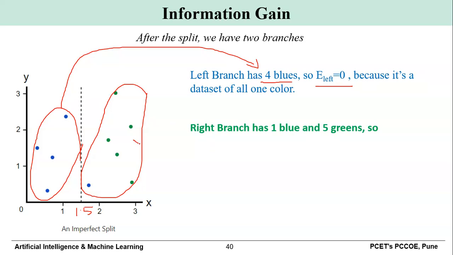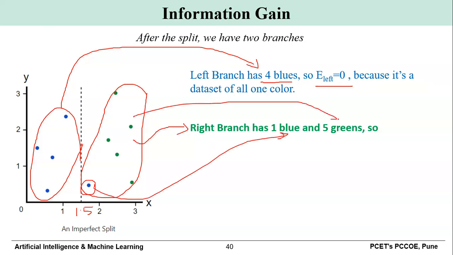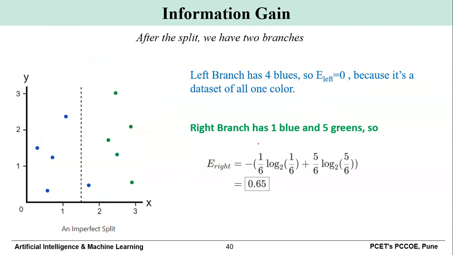Now when we talk about the right side branch, there is one blue colored dot and five green colored dots. So here you can calculate the entropy for the one blue color dot and for the five green color dots.